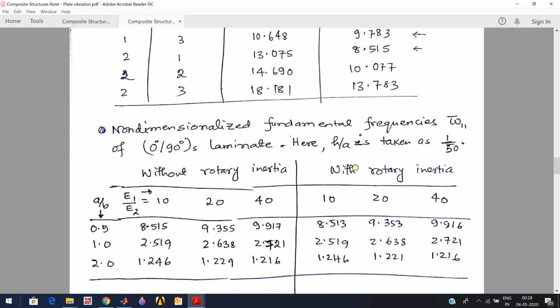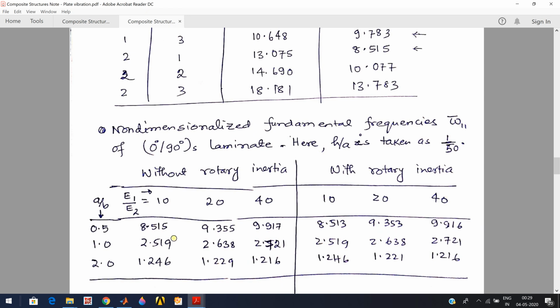All right, now if we include rotating inertia, you can see that for this particular material properties, there is not much change for aspect ratio 1 and 2, but for the aspect ratio 0.5, we can see the frequency is slightly lower when we take rotating inertia.